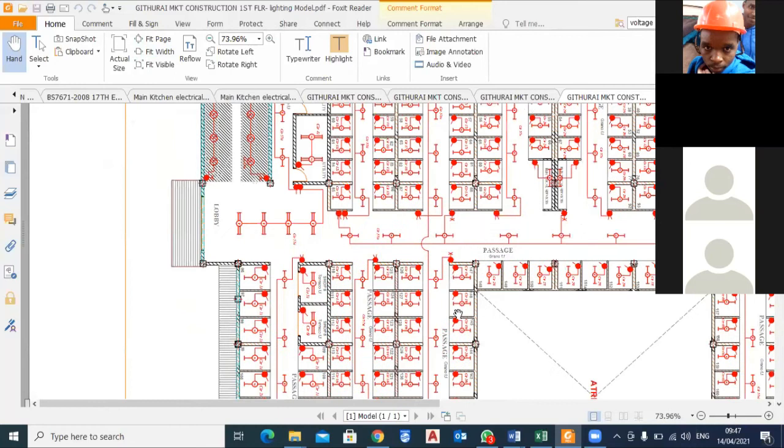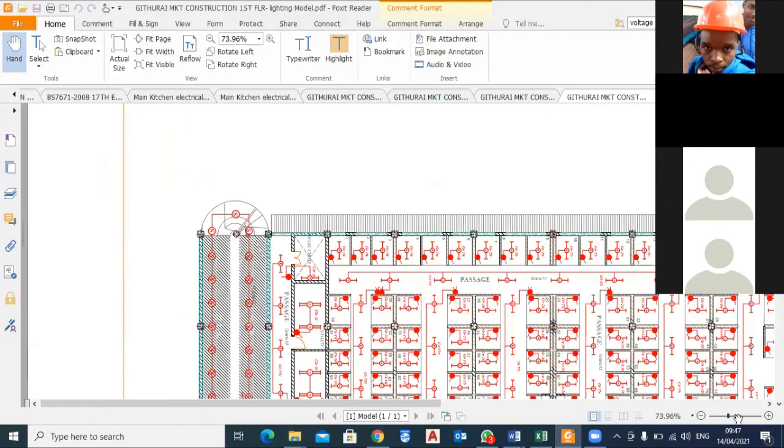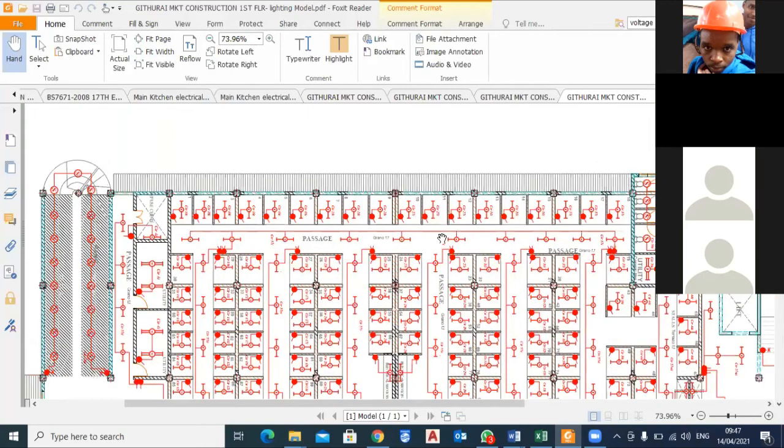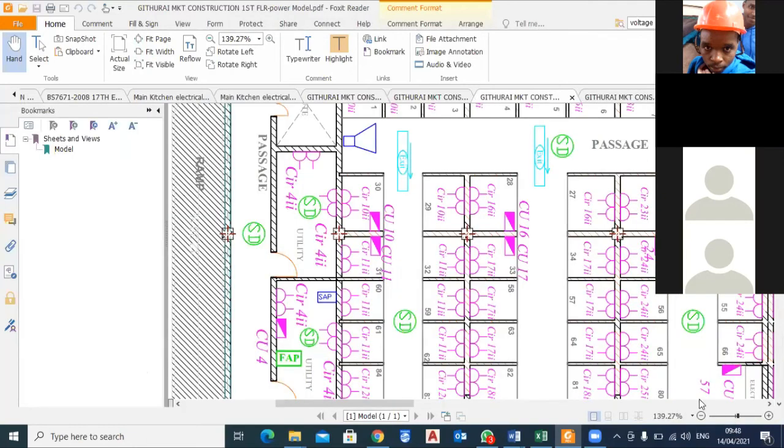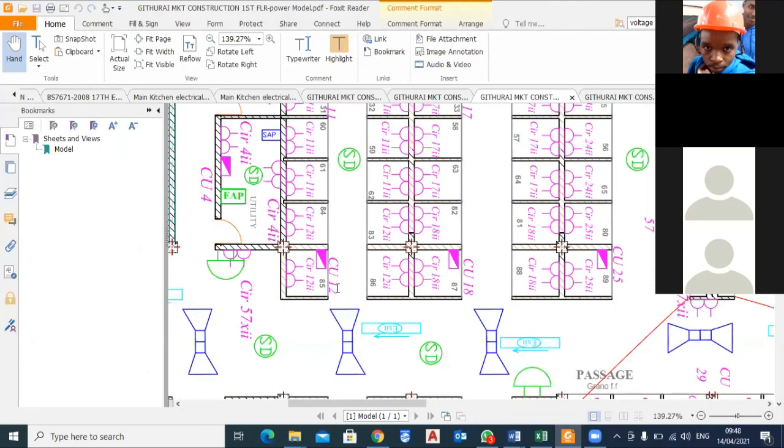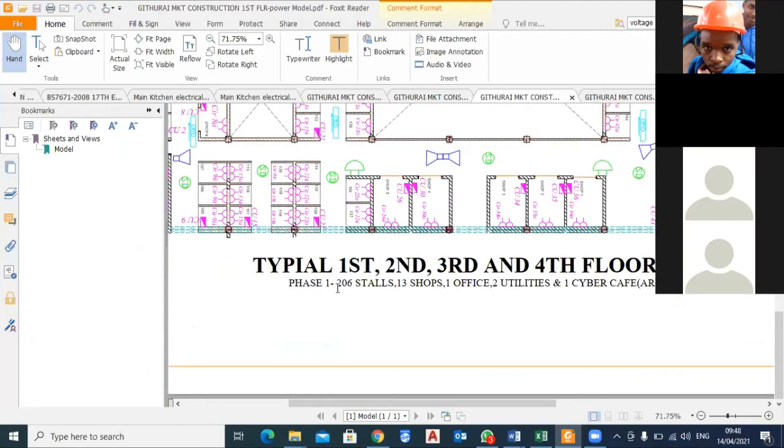Aya, hii ni same, but unaona sasa ni stalls tu wameweka. Unaona ni stalls that wamename 29, 28, 27 hizo. So in this case, like upper, kuna 26 stalls. First, typical first up to 4th floor, we have 206 stalls.